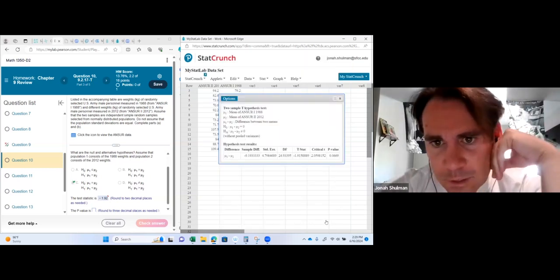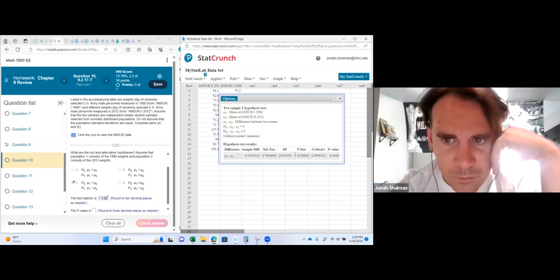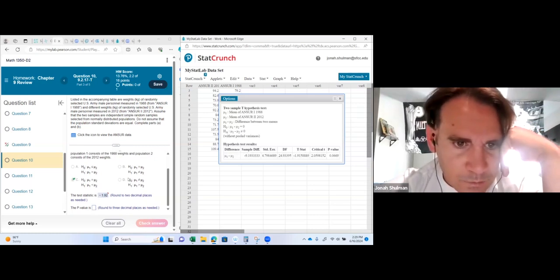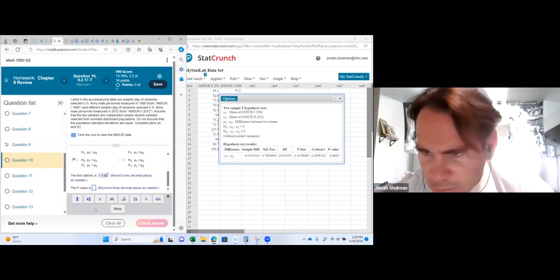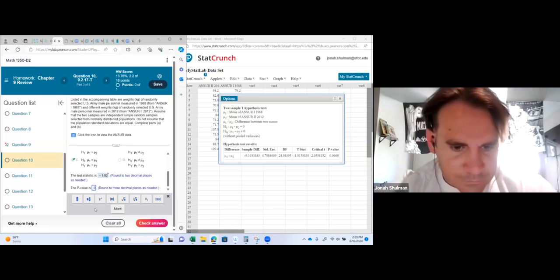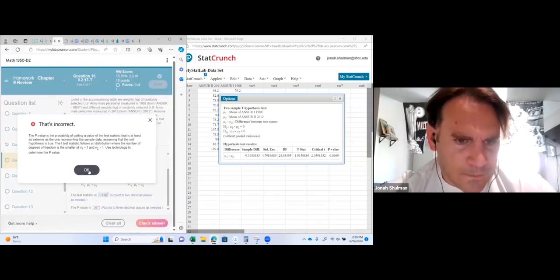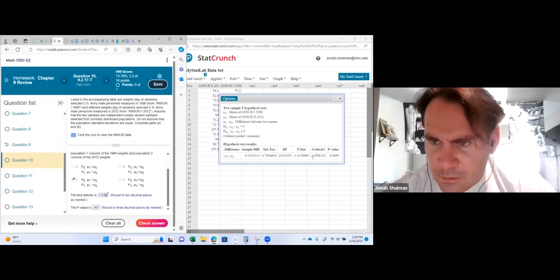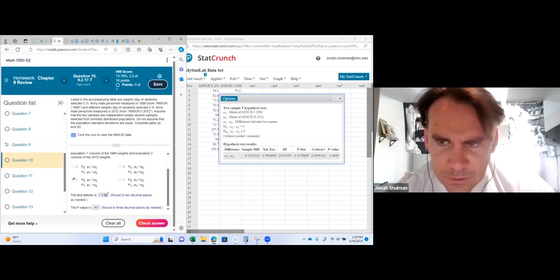Oh, I guess they didn't want me to pull the freaking variance. Because that's the answer, negative 1.92. And the p-value is 3 decimal places, 0.067. The T statistic is correct.